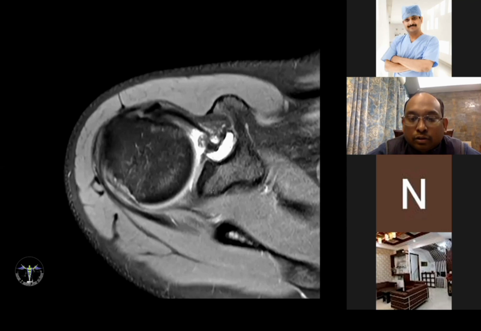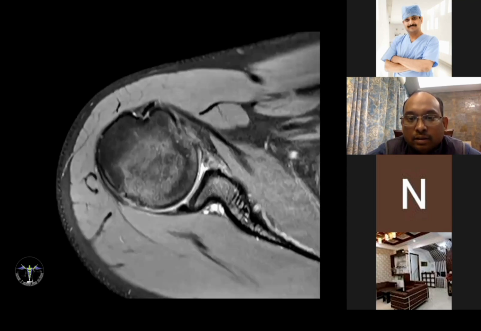And then we also get the HAGL and BAGL types of lesions, where there is humeral avulsion of the inferior glenohumeral ligament. This is what the inferior glenohumeral ligament is. In the case of HAGL, there will be humeral avulsion, and there can also be glenoid avulsion of the inferior glenohumeral ligament. So these are the different names given to the different types of labral tears.